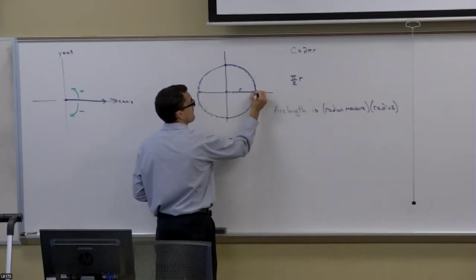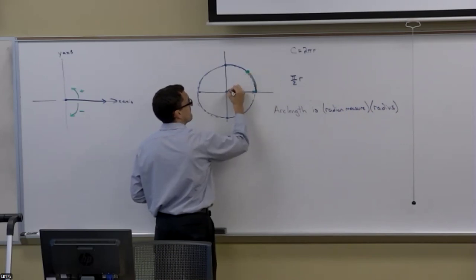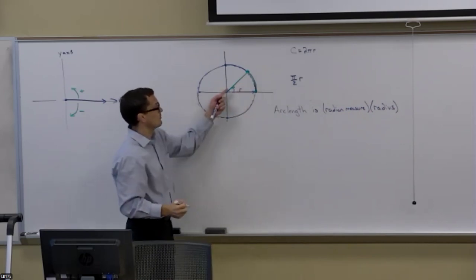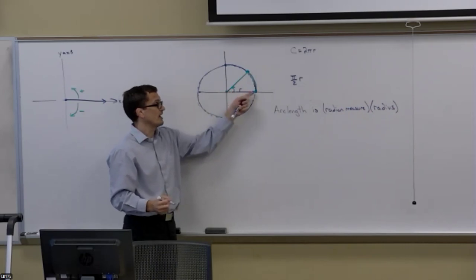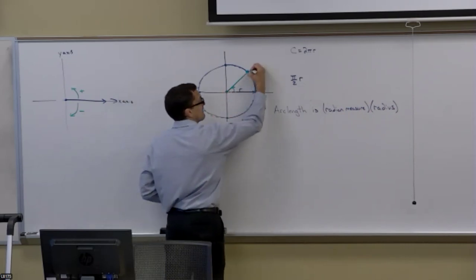So if I go from here to there, whatever radian measure that is, times the radius of the circle, gives me this length here.